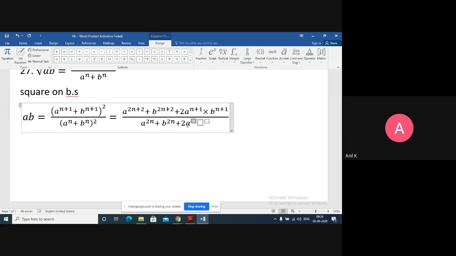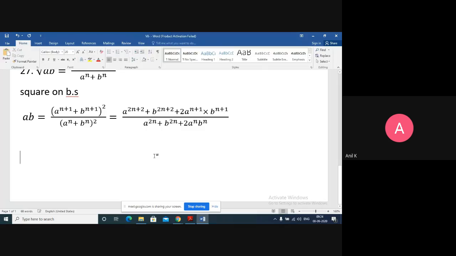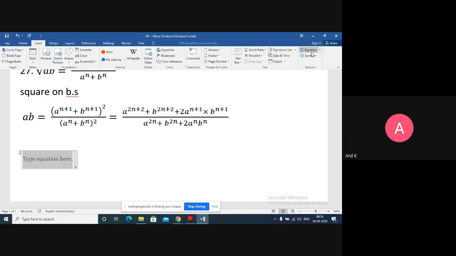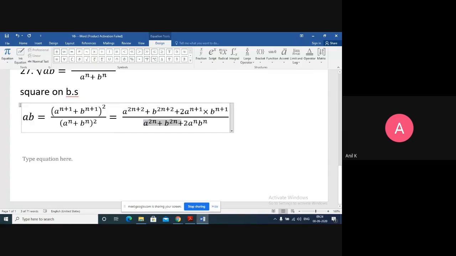This is what I get after expanding as per the formula. After expansion, do the cross multiplication, that is this denominator term will come to the left hand side and multiply with AB. Each and every term of the denominator multiplies with AB. Let's see what I get.